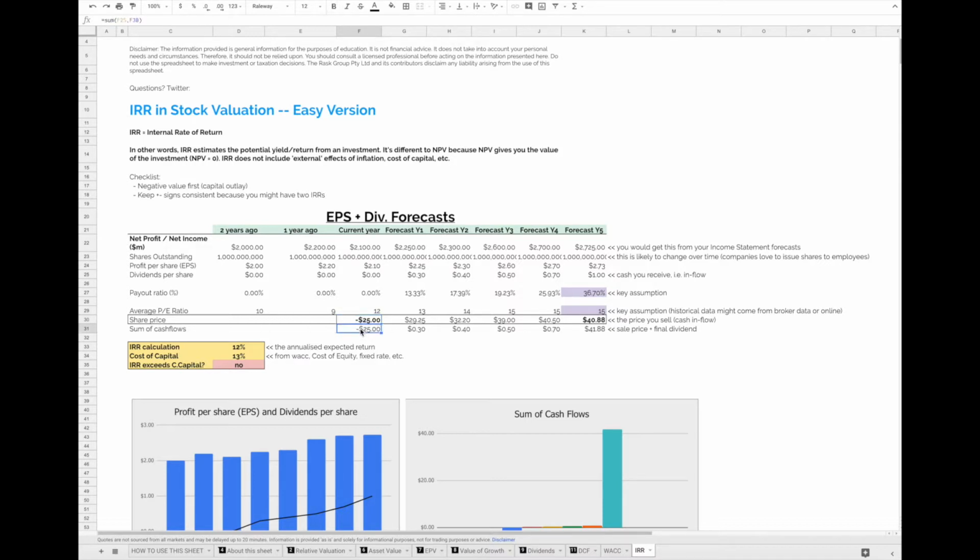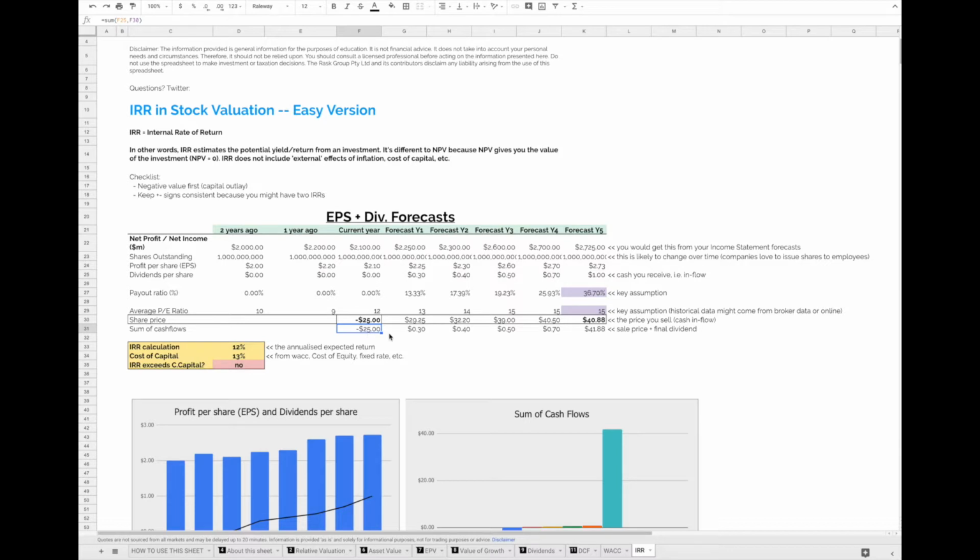But then after a year, we're going to start receiving dividends, right? Because we've forecast the dividends up here. So that's a cash inflow. Those are individual cash flows coming to us as shareholders. So if we drop down another line here, the sum of cash flows, or what the shareholder can be expected to receive if we do this forecast, we've got a negative $25 because that's cash going out.